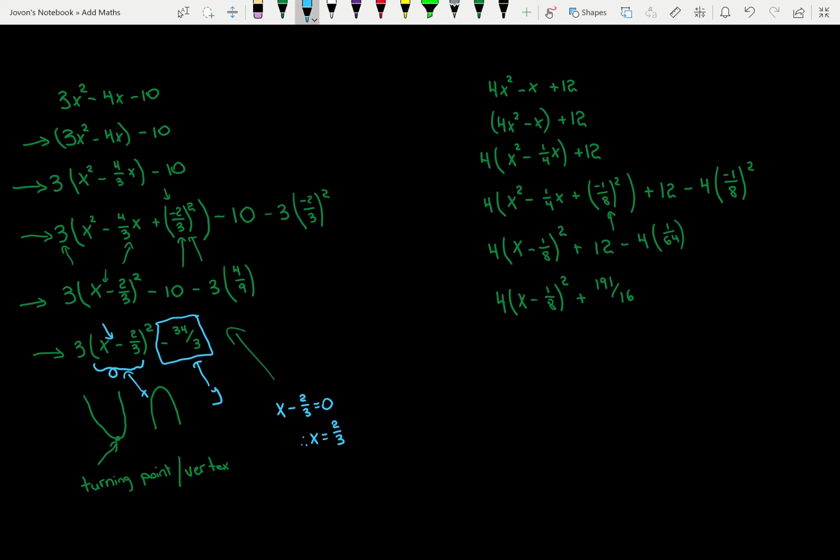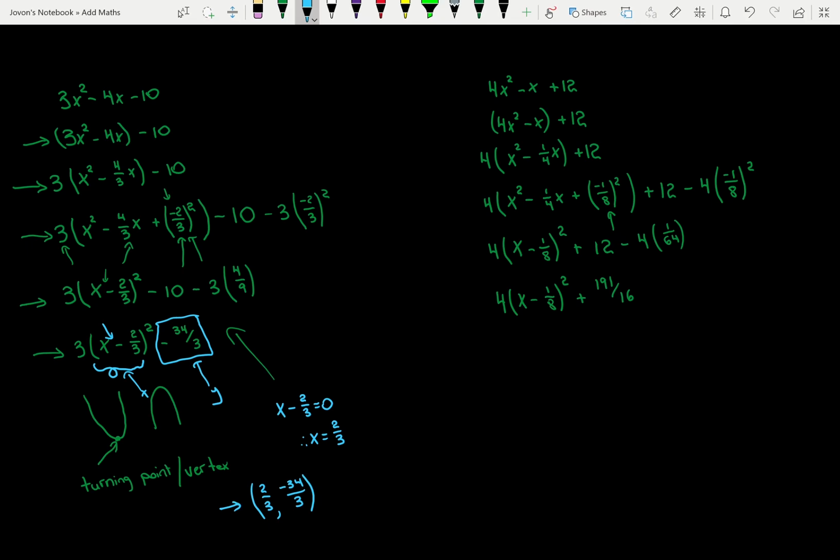Note, the y value is as it is. You don't have to change the sign of that. So the minimum point of this graph is 2/3, comma, minus 34 over 3. If you were to plot the graph, the turning point would occur at this coordinate.